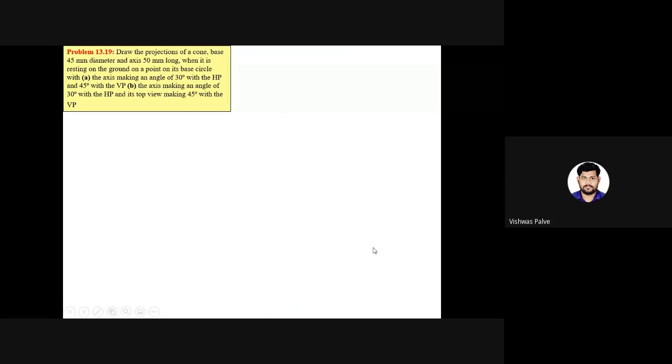So the question says draw the projection of a cone, base 45 mm diameter and axis 50 mm long. Okay, so the dimension of a cone is given. They are clearly saying that a cone which is having a base of 45 millimeter, axis length 50 millimeter, when it is resting on a ground. So whenever you find this word ground, ground is equivalent to horizontal plane.